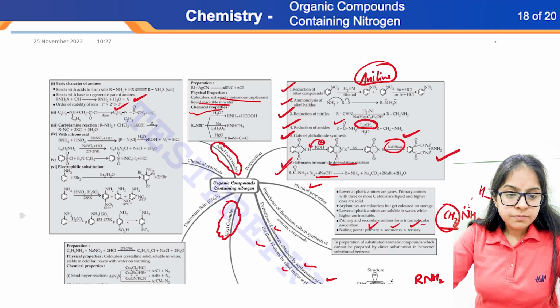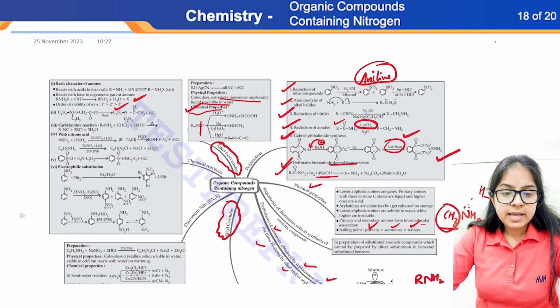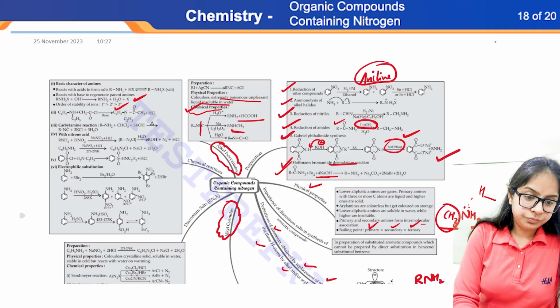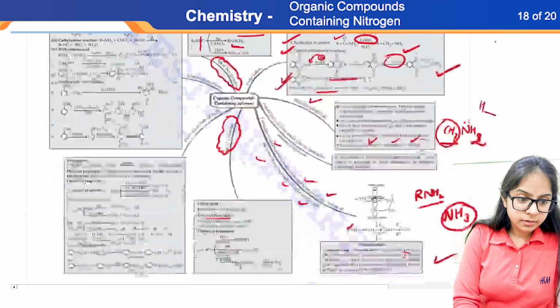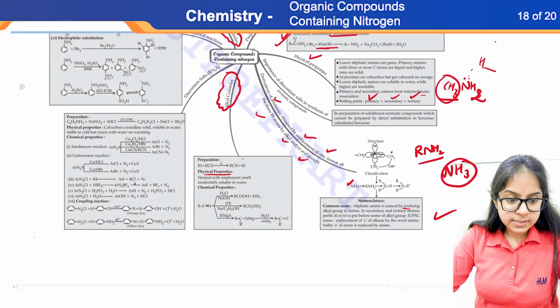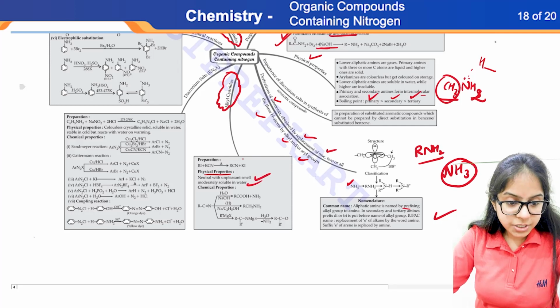Now again I'll tell you the chemical properties. Hydrolysis of isocyanides gives HCOOH and RNH2; reduction gives RNHCH3. Here the properties are an unpleasant smell and moderate solubility in water, because of the hydrophobic nature.